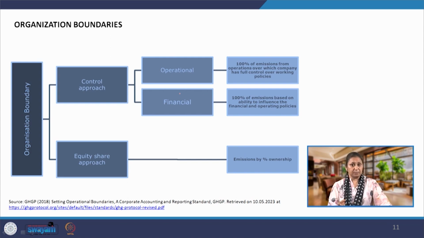And if the operational decisions are not affected by the parent company, then the emissions are not getting accrued to the parent company. This is how this control approach will work. So, whatever we are controlling, whether through operations or through finances, whatever percentage of control we have as a parent company, the emissions are going to accrue to the parent company.